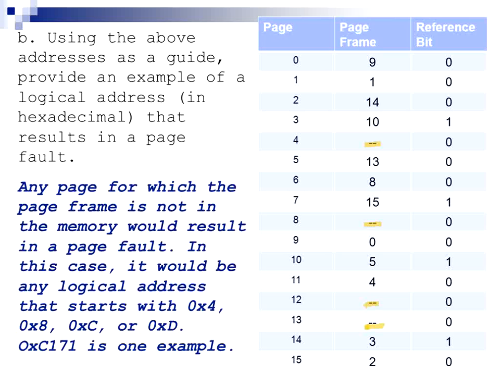So that's where I got this part of the answer, saying that any logical address that starts with a 4, an 8, a 12, or a 13, which is C and D in hexadecimal, would cause a page fault. Okay, so I just gave an example of hexadecimal C171 would cause a page fault. Any questions on that?